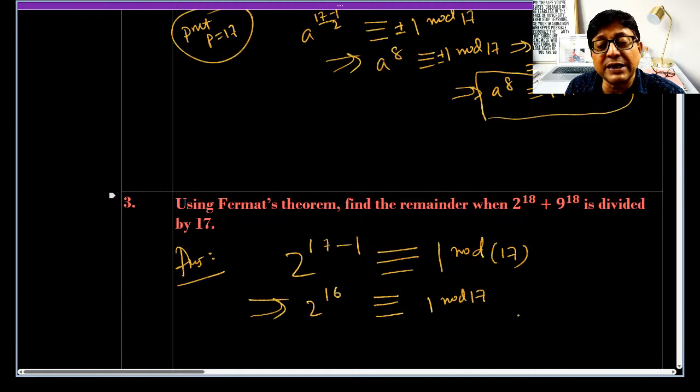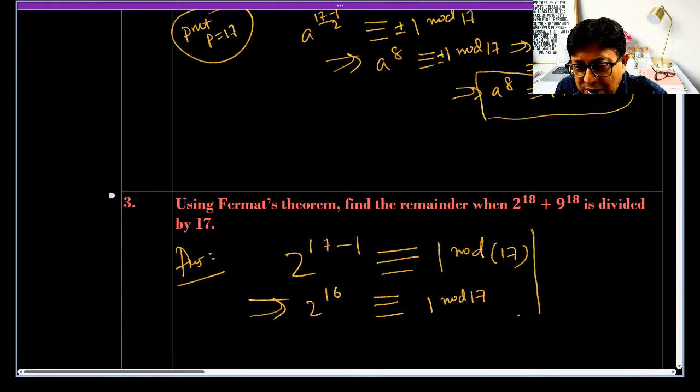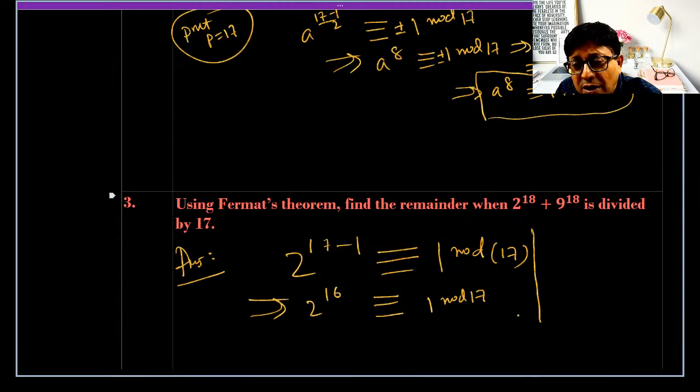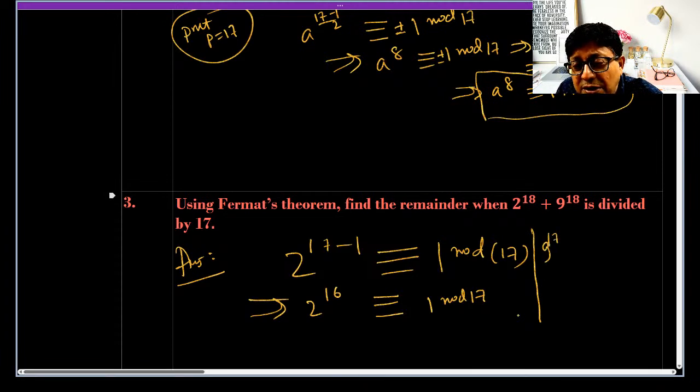But we need 2 to the power 18. So what to do? We'll try it later. Let us approach with 9 to the power 18 first. In the same manner, 9 to the power 17 minus 1 congruent with 1 mod 17. So 9 to the power 16 congruent with 1 mod 17.